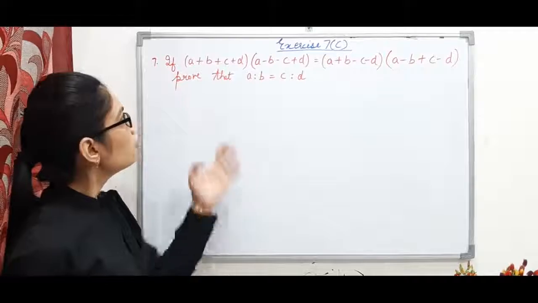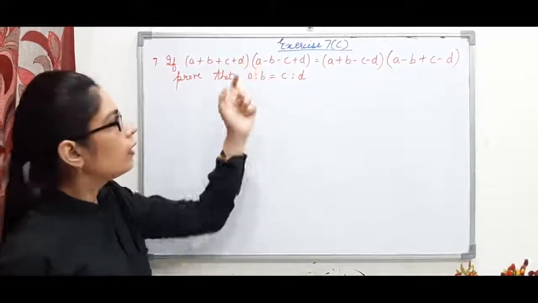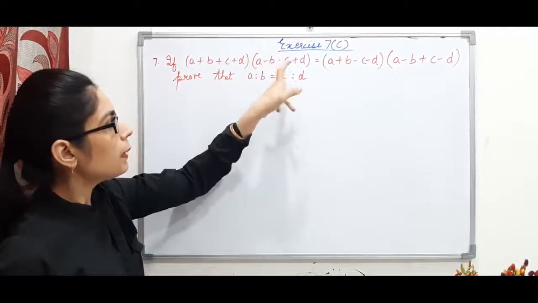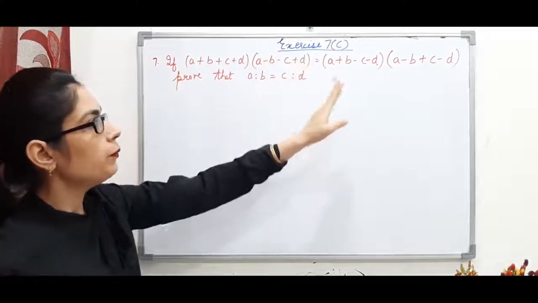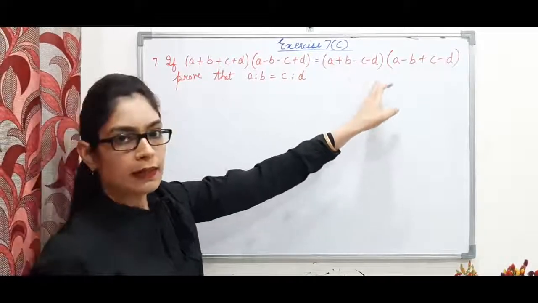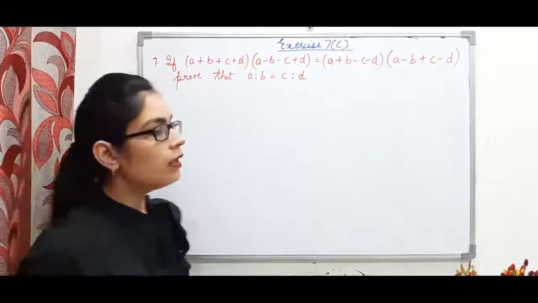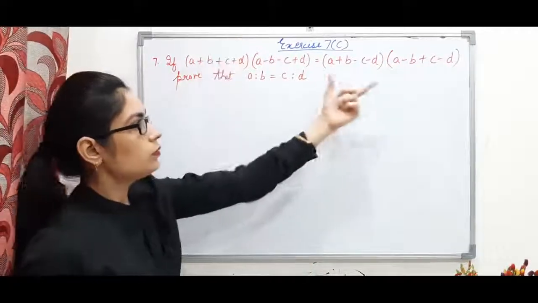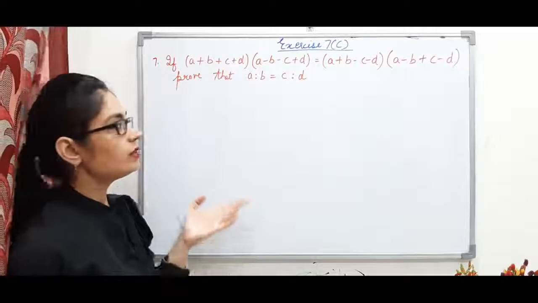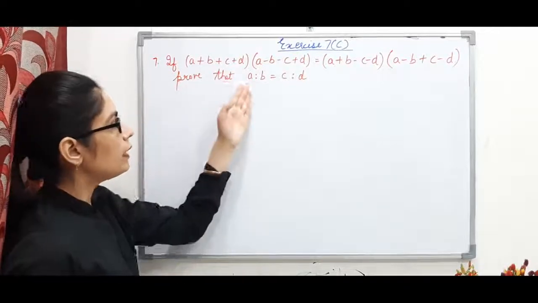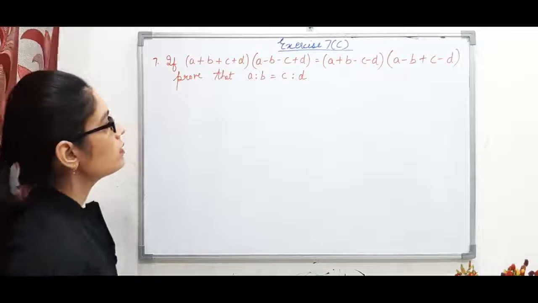If (a plus b plus c plus d) into (a minus b minus c plus d) is equal to (a plus b minus c minus d) into (a minus b plus c minus d), then we have to show that a is to b is equal to c is to d.